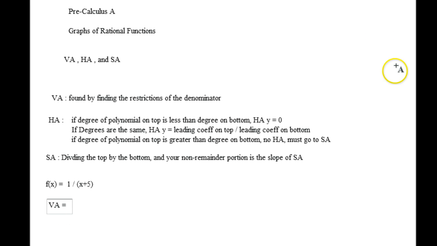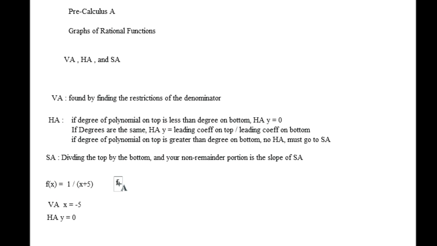So the vertical asymptote is going to be x equals -5 because that's the restriction. Okay, so that one's pretty simple. Now the horizontal asymptote is going to be y equals 0. Why? Because the degree on the bottom is bigger than the degree on the top. The degree on the bottom is 1. The top is 0, so the degree on the bottom wins.